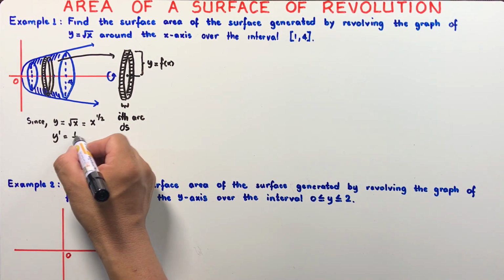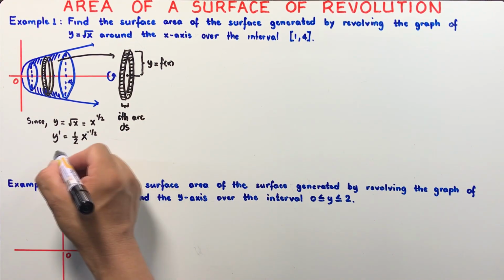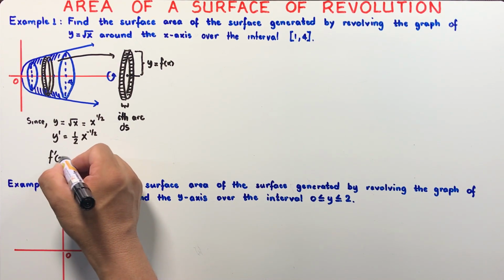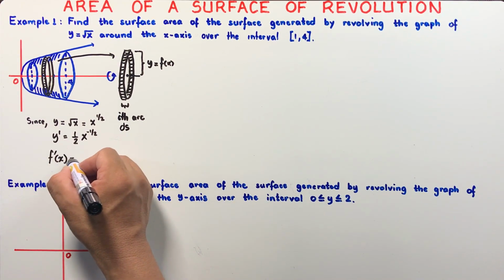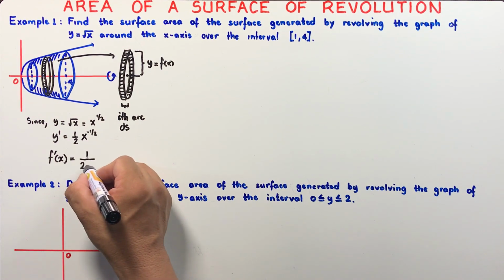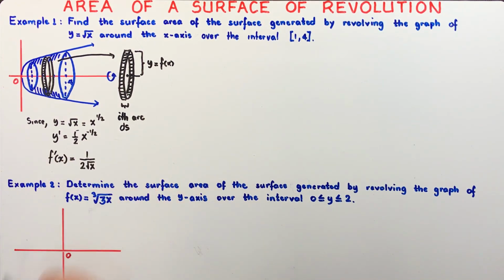And its derivative is 1/2 x to the power negative 1/2. Or you can write this derivative as f prime of x, which is equal to 1 over 2 square root of x if you write this in radical form.